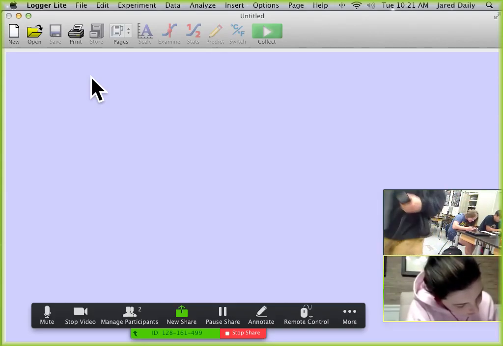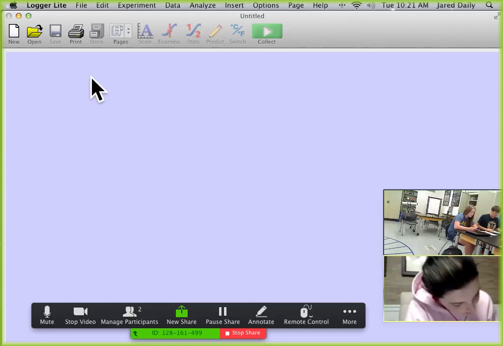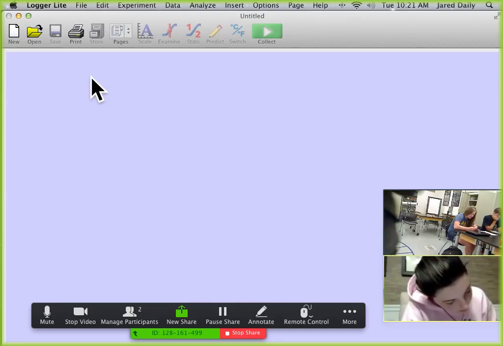Now I've got the right one. So this is the same exact motion detector you have, so it'll look just like this.